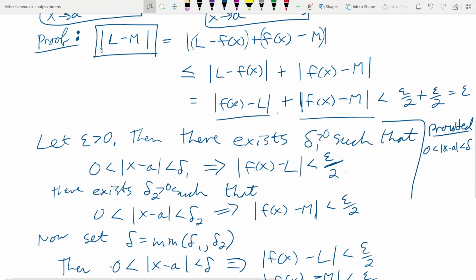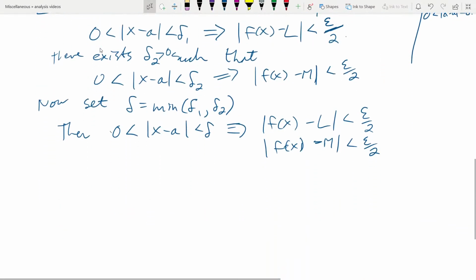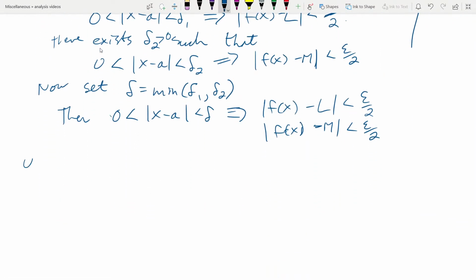But L minus M is independent of x, and we've just shown that that's less than epsilon. So the upshot of all this is that the absolute value of L minus M is less than epsilon for any epsilon bigger than 0.